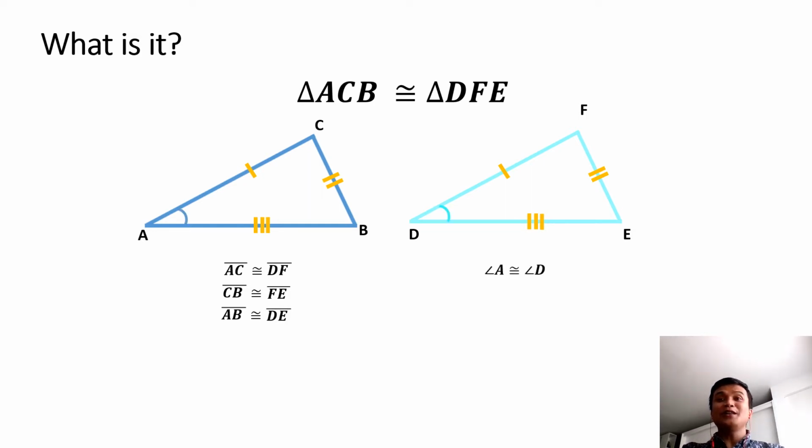It is congruent to angle D. Angle C is congruent to angle F, and angle B is congruent to angle E. Their corresponding parts are all congruent. Then, triangle ACB is really congruent with triangle DFE. Pairing their vertices properly is very important.